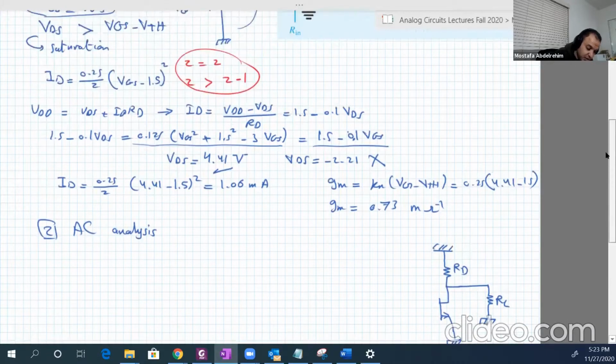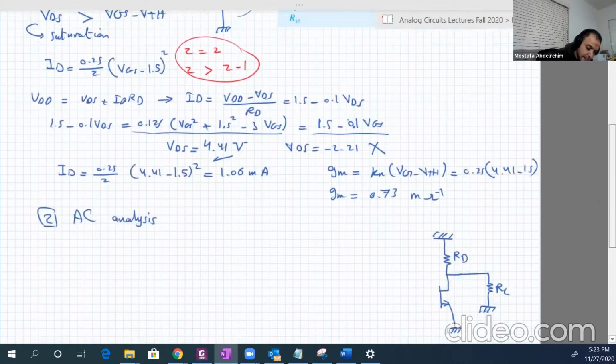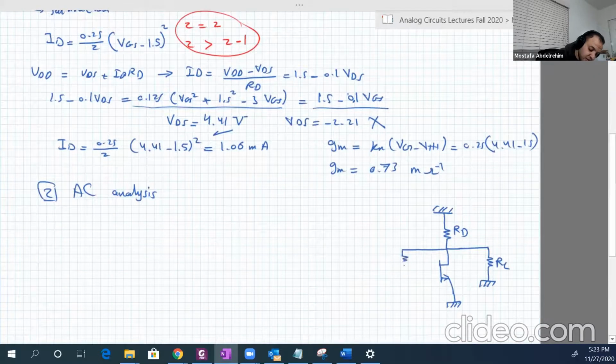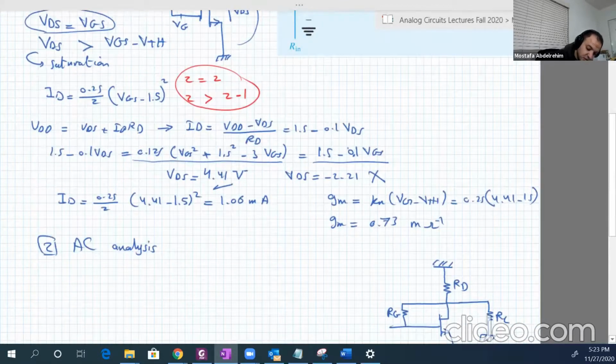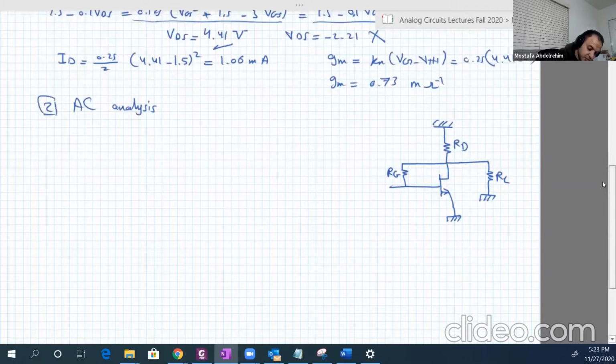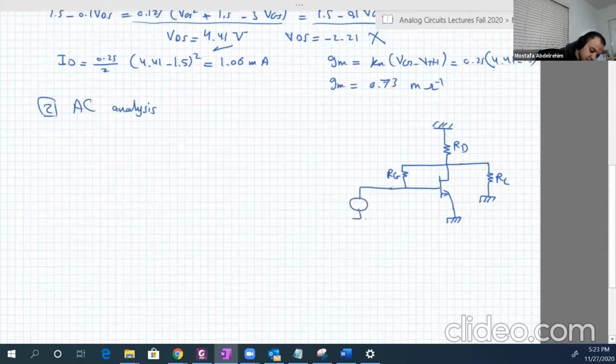Source is also ground. Then we have this resistance RG. Then we have the capacitor is short. Then V input.